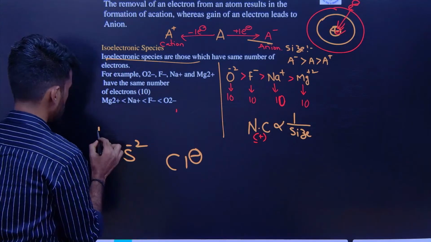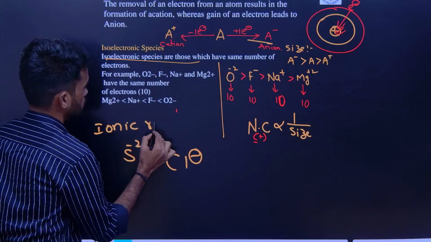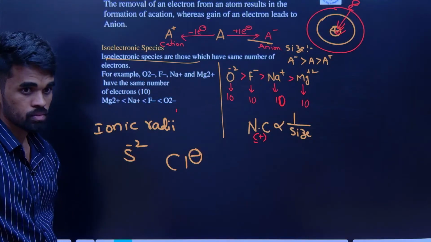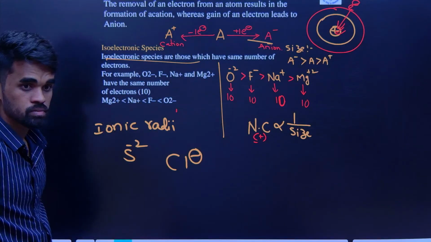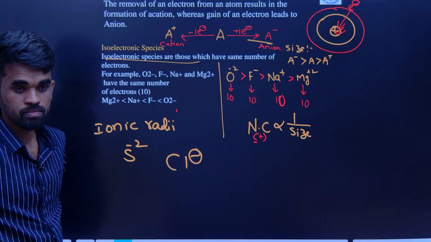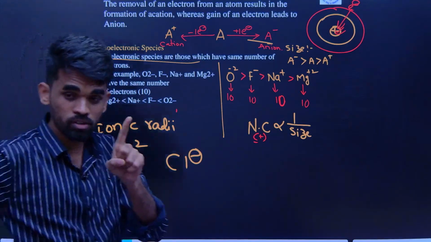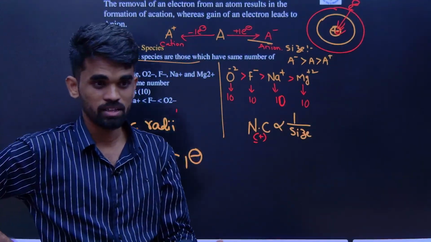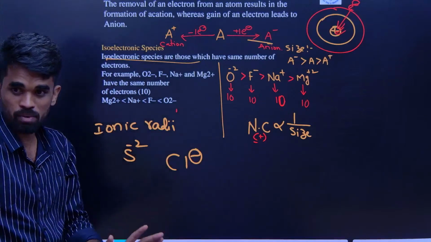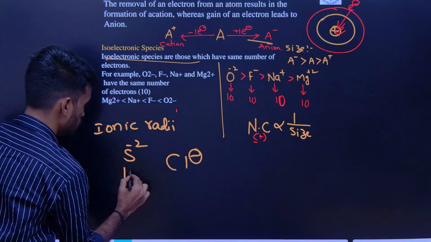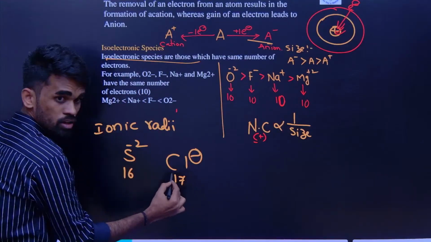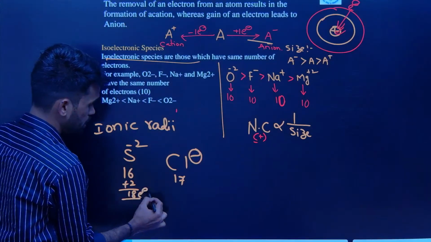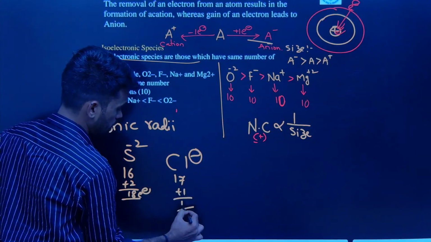Ionic size or ionic radii. So what is the first point I told you? Try to remember up to the first 30 elements, then you don't need to waste time like this. Its atomic number is 16 and this is 17. Minus 2 means you add 2 electrons, 18 electrons here; minus 1 means add 1 electron, 18 electrons here.